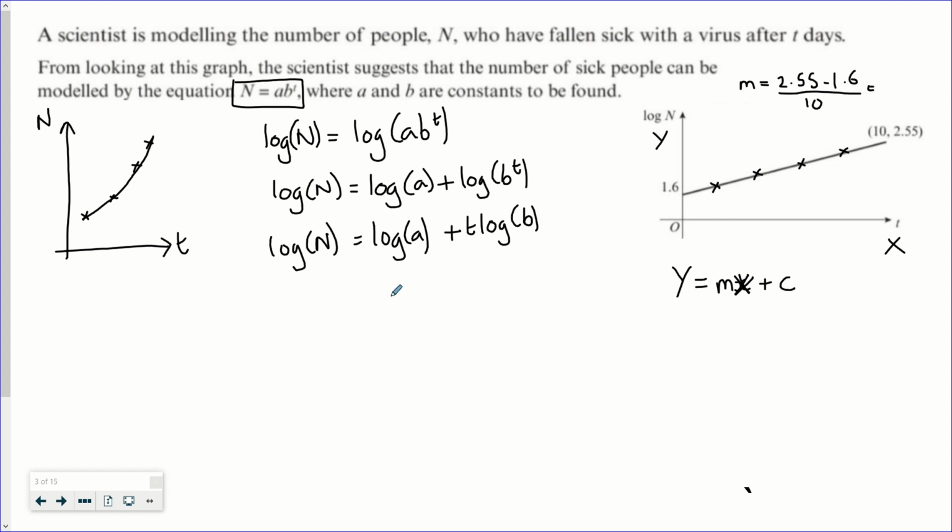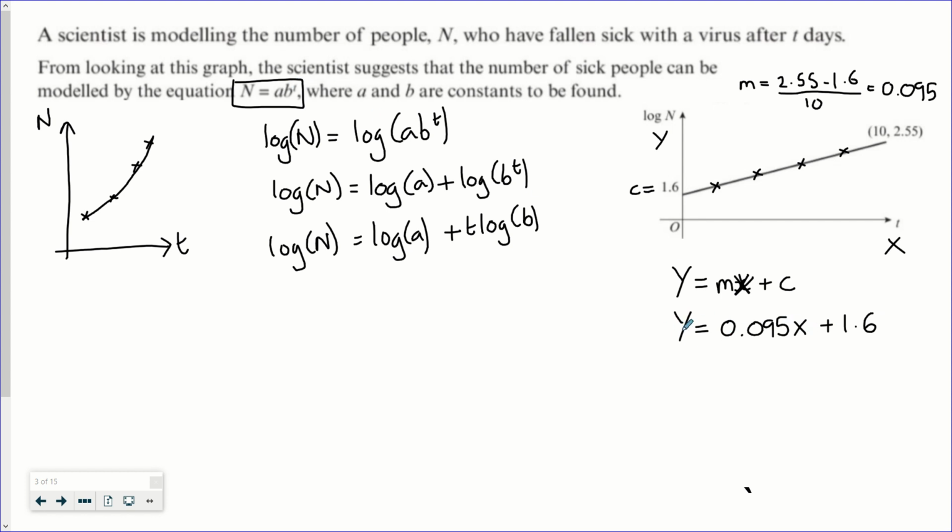And we can work out what that is, and we get 0.095. We also know that the c in our equation is the y-intercept, so c is just equal to 1.6. So we could write the equation of this line as y equals 0.095x plus 1.6.